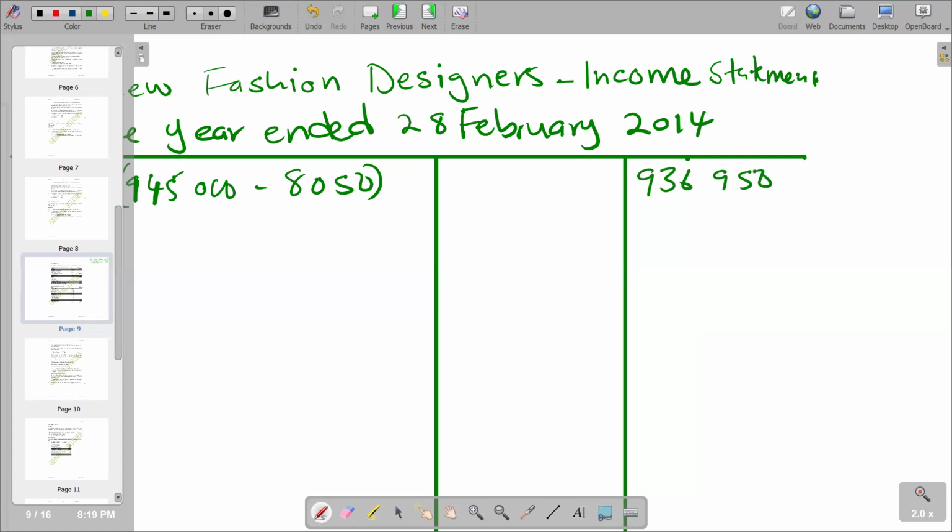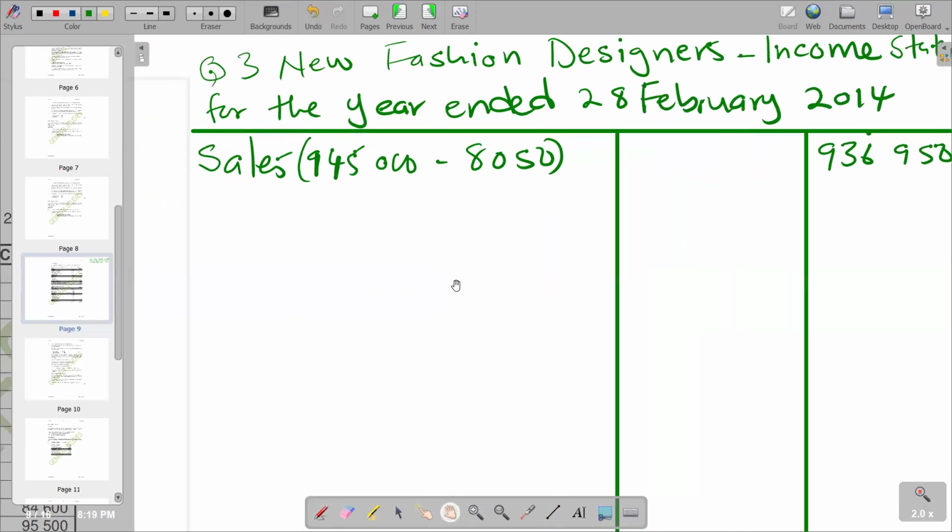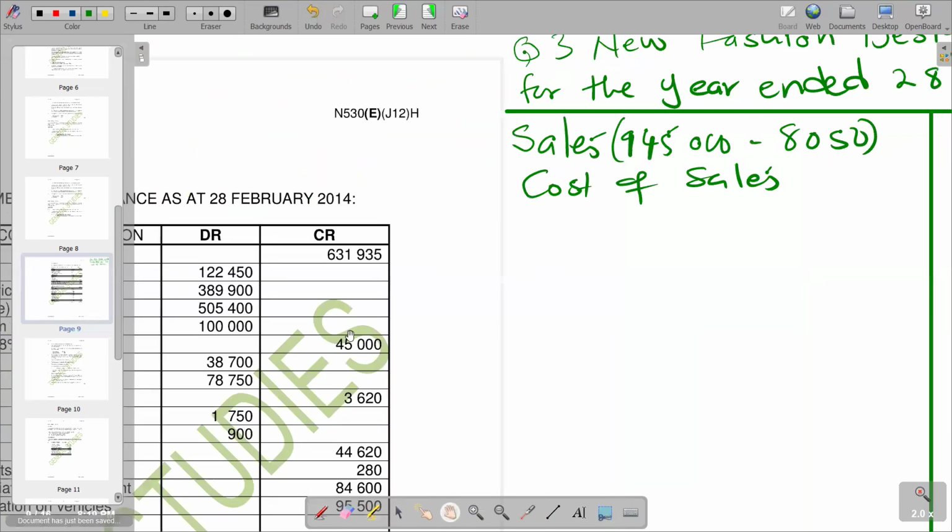After that, we need to check for the figure for cost of sales, which we are going to subtract. We go and check in the list of balances for the figure we have for cost of sales.